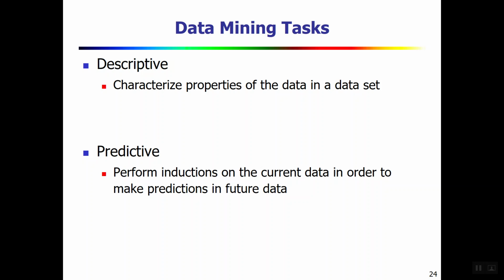Any new data set fitting this profile, we can predict it to belong to this class. For a predictive task, we not only want to make a prediction, we also want to know why that prediction is correct. So it also requires descriptive evidence to support your prediction. So those two are not disjoint.